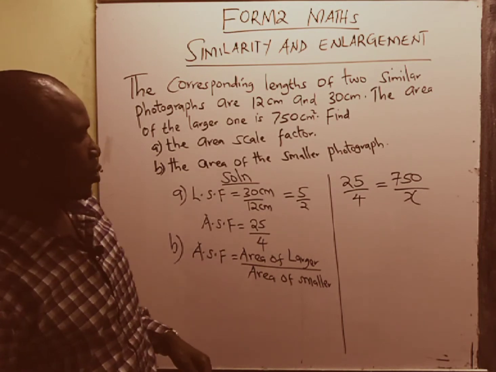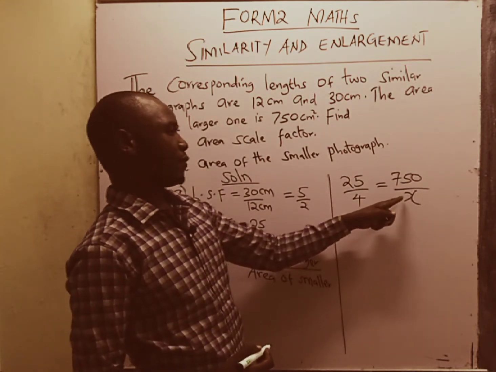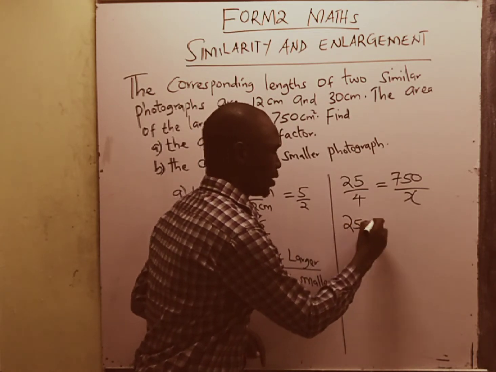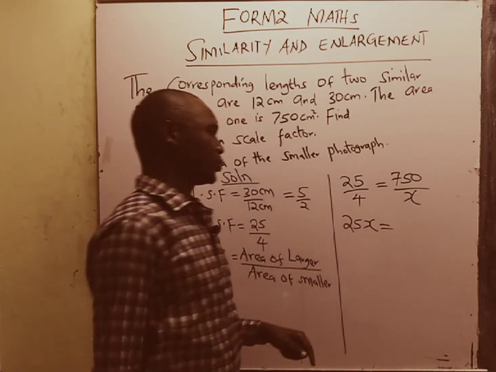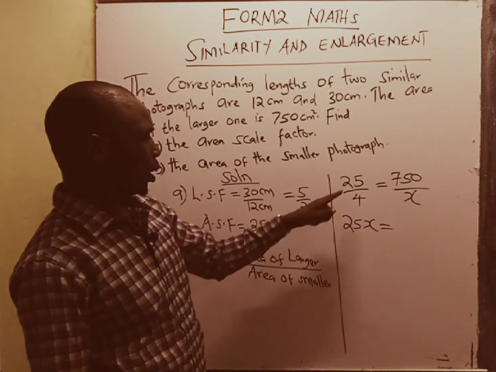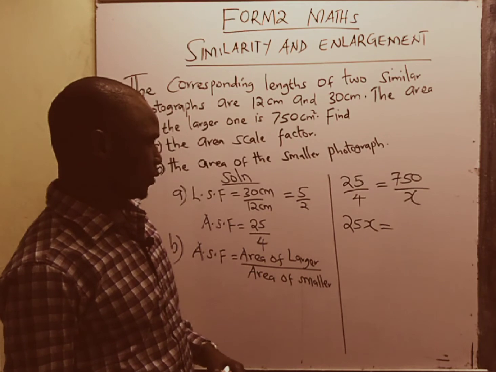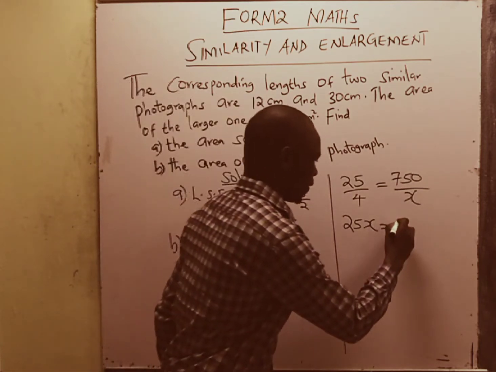From here we can cross multiply such that we have x times 25, which gives us 25x, which is equivalent to 4 times 750, which would give us 3000.